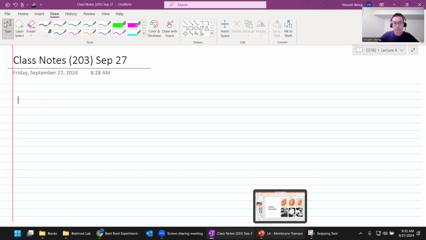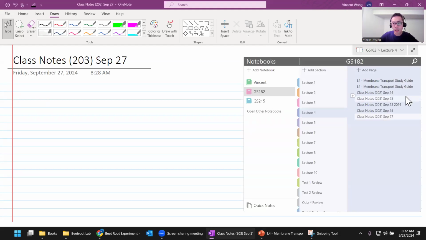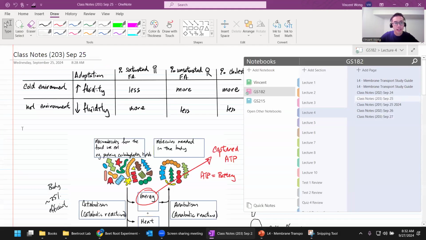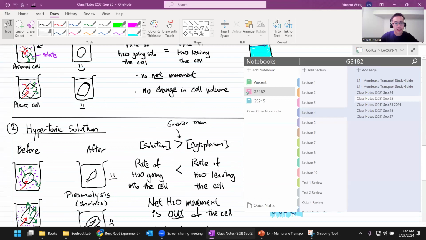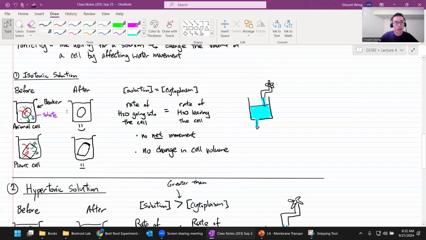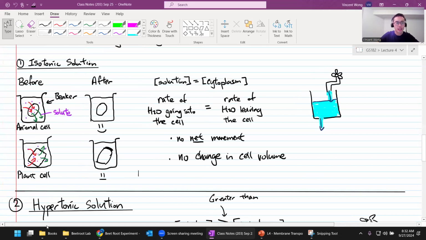So last time we were talking about tonicity in class. We talked about how if you put a cell in different solutions, it is going to cause water to move differently into and out of the cell, and ultimately that's going to result in the cell changing its shape and volume.